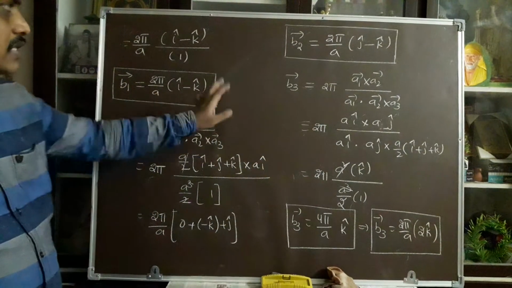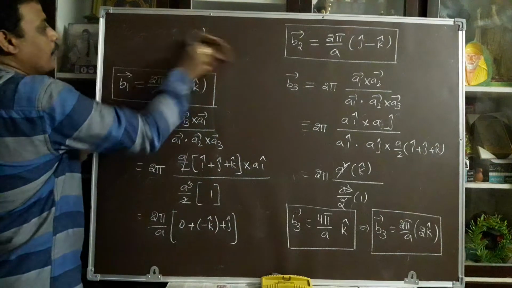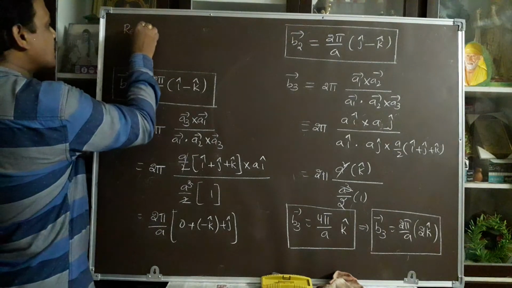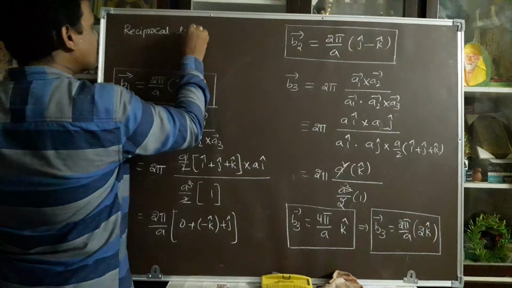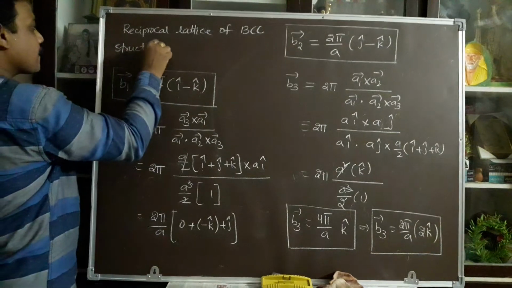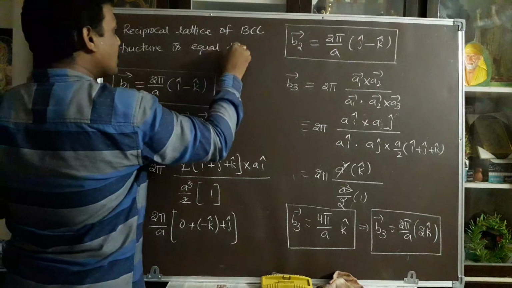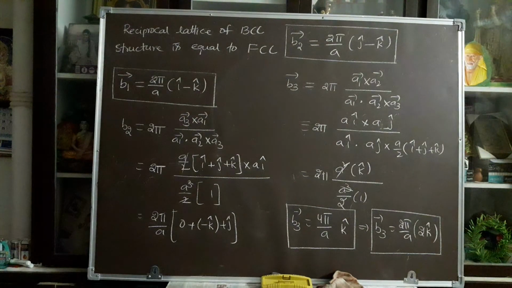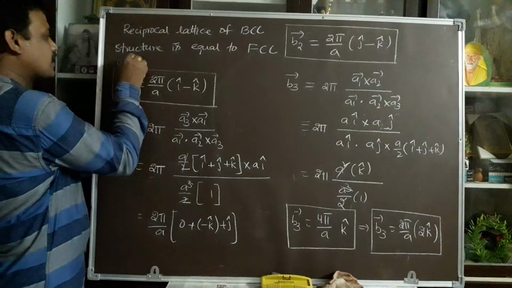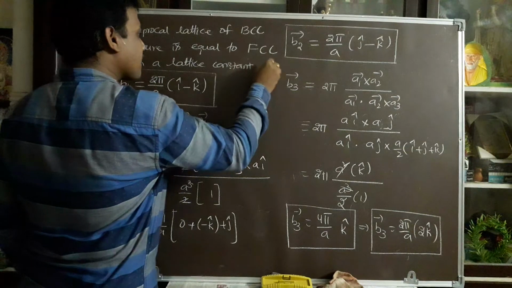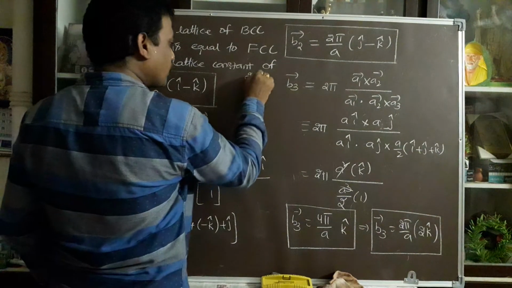Based on this, the reciprocal lattice of body centered cubic structure, BCC structure, is equal to face centered cubic structure with a lattice constant of 2 pi by a.